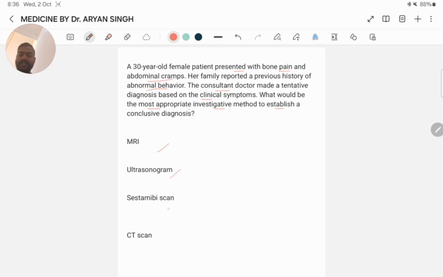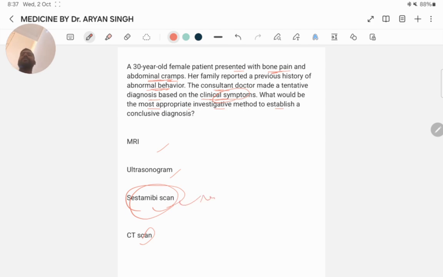MRI, ultrasound, CRT scan, and CT scan. What is the answer here? The answer is based on the fact that the consultant doctor made a tentative diagnosis based on the clinical symptoms. What are the clinical symptoms? The abnormal behavior, abdominal cramps, bone pain. Here the answer is the CRT scan.